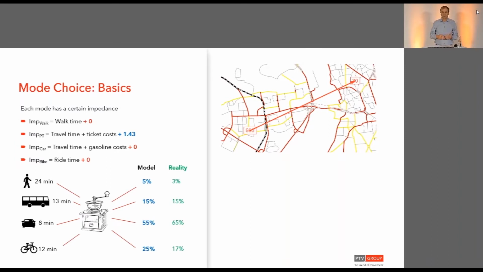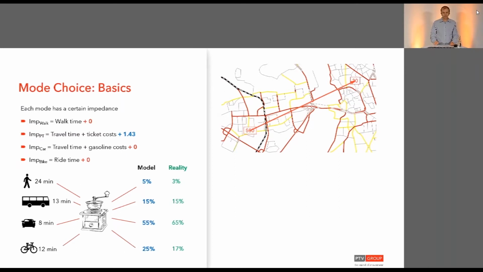And we go up and down with the number, and finally we reach, for example, the reality value of 15%, seen here in the second row of the modes. 15% in the model, 15% in reality.